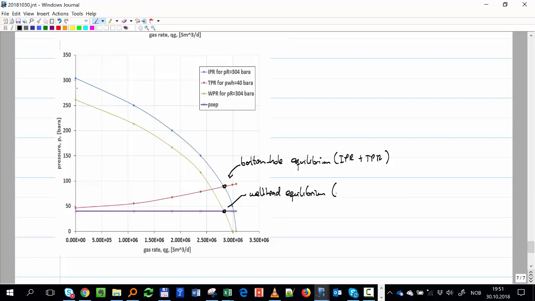And that will be WPR and P separator. IPR, inflow performance relationship. And they should give you exactly the same equilibrium rate, which I think was 2.83 million standard cubic meter per day. Exactly the same. No matter where I make my equilibrium, it should give me the same number.